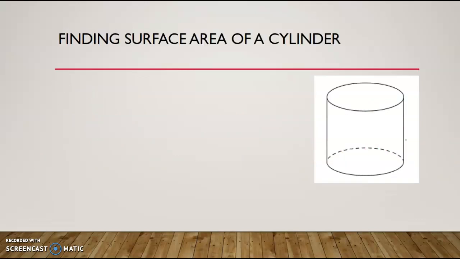All right, so finding the surface area of a cylinder. Remember we talked about that surface area is the sum of the areas of each surface. So that's saying that we have the area of the first circle plus the area of the second circle plus our lateral surface.